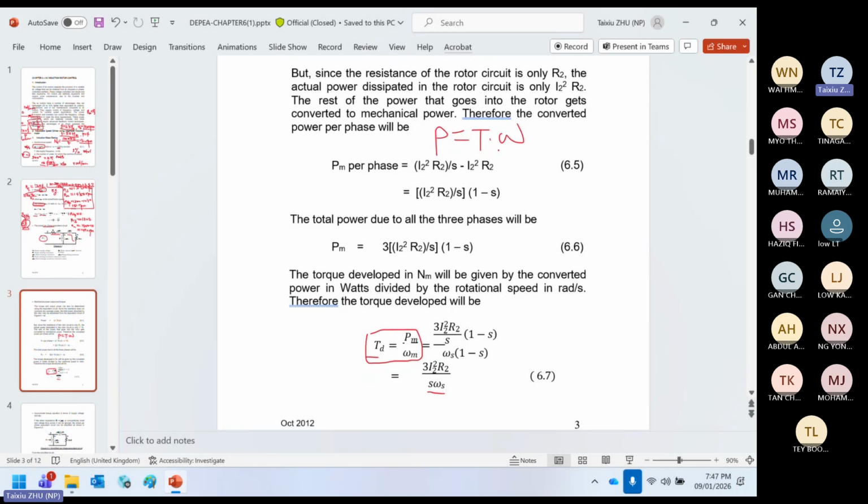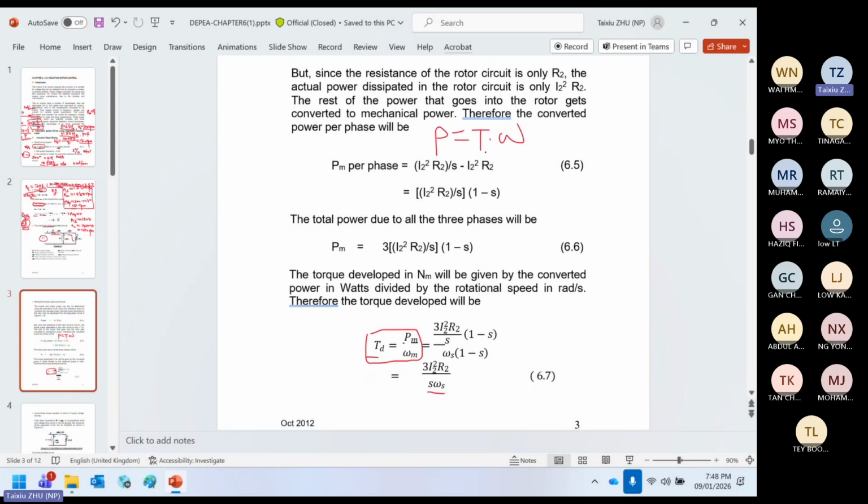This one is the torque, angular velocity. This one is the motor power. So you can see this formula bridges electrical engineering and mechanical engineering, because here it is in watts or kilowatts, but here it is Newton meters. Now this one is radians per second.